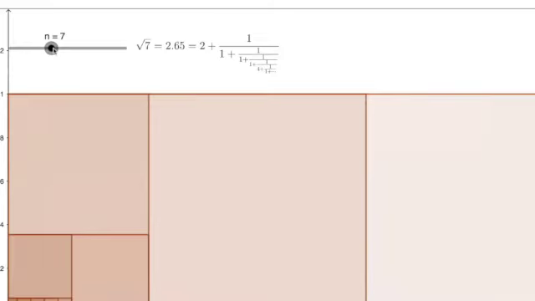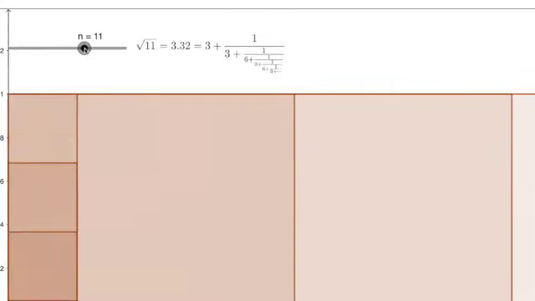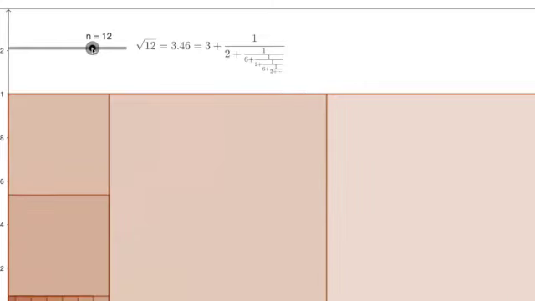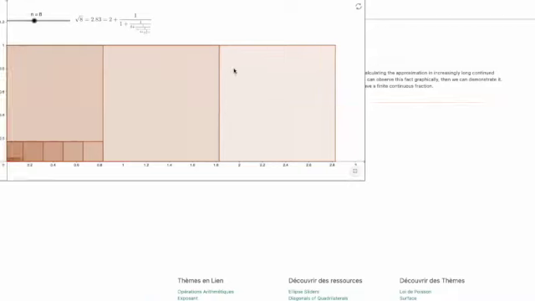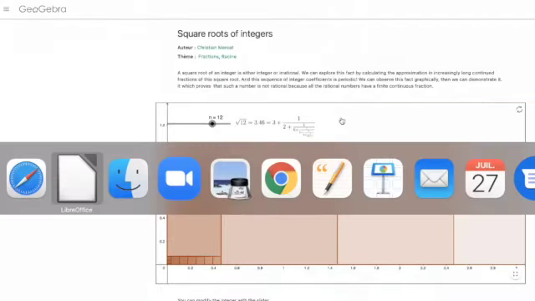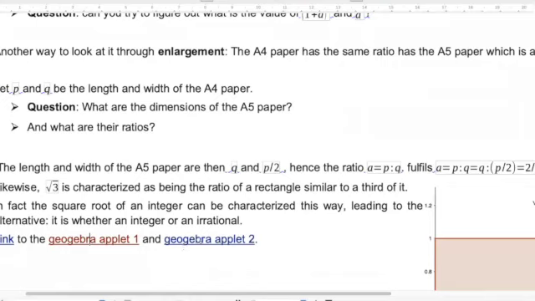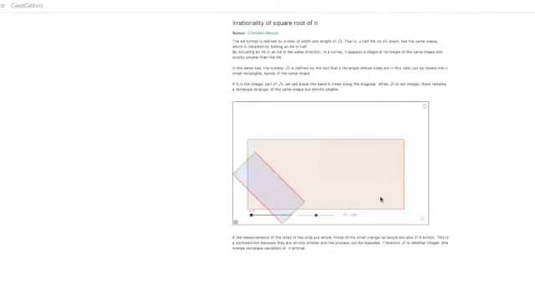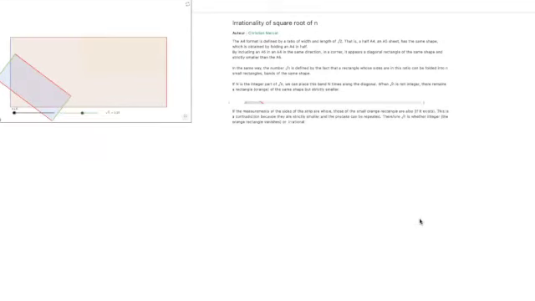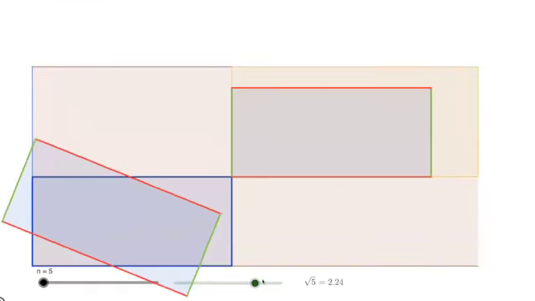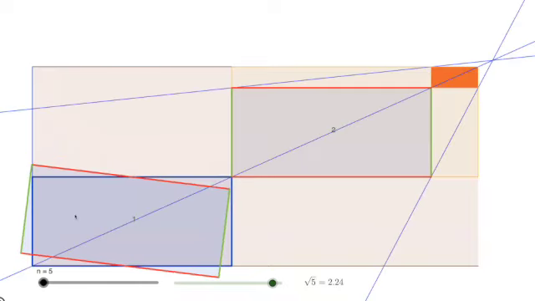This is just the continued fraction of the square root of n. So you have different continued fractions of the square root of n. That was not the one I wanted to see. That was the other one. Let's go back to it. It was this one. And here this is to show that. Okay, so here I'm taking the square root of 5.